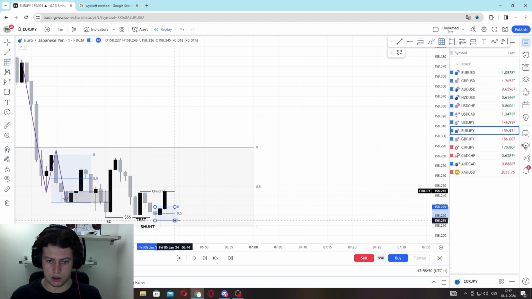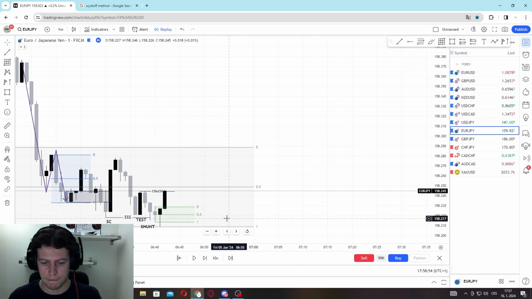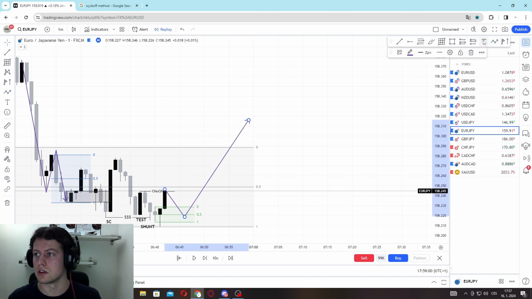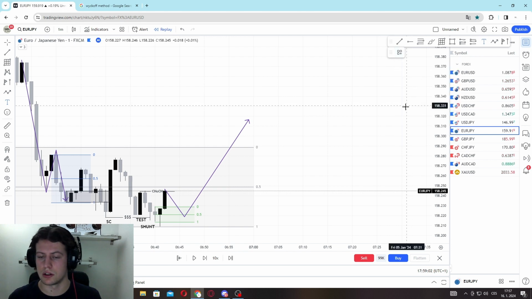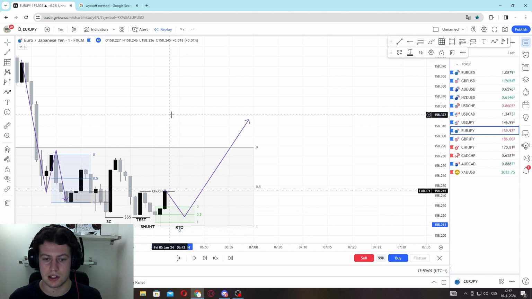I will draw this. We have an entry order block, you can see it, and it has to test back. This is called RTO. I'm sorry I didn't show it to you in the principle, so this is the retest.